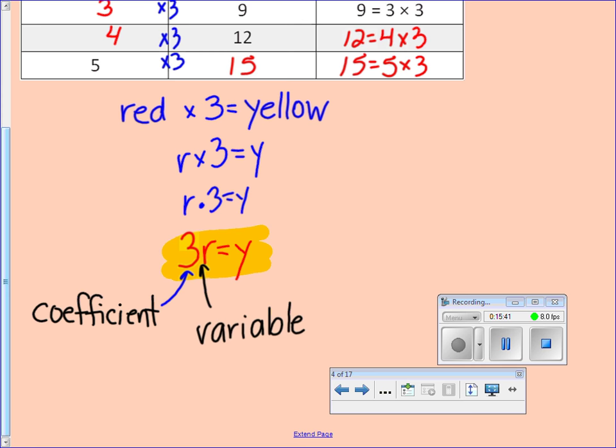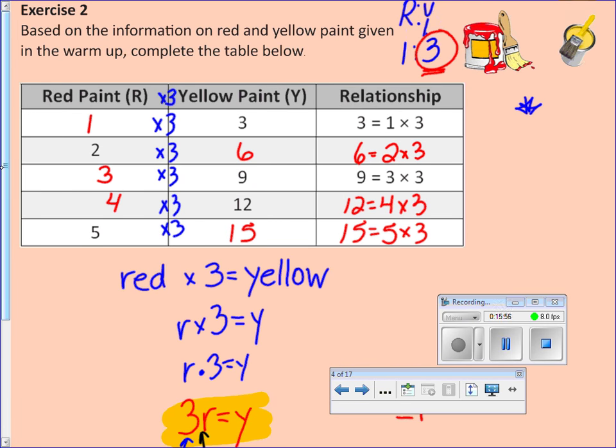But now, that tells me how to find out the yellow. Suppose I wanted to find out the red. Let's look at our table. What did we do to the yellow to get to red? What was my repeated operation?